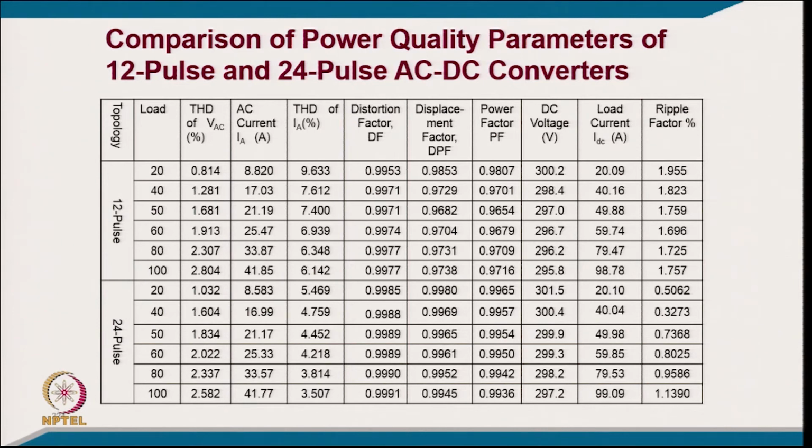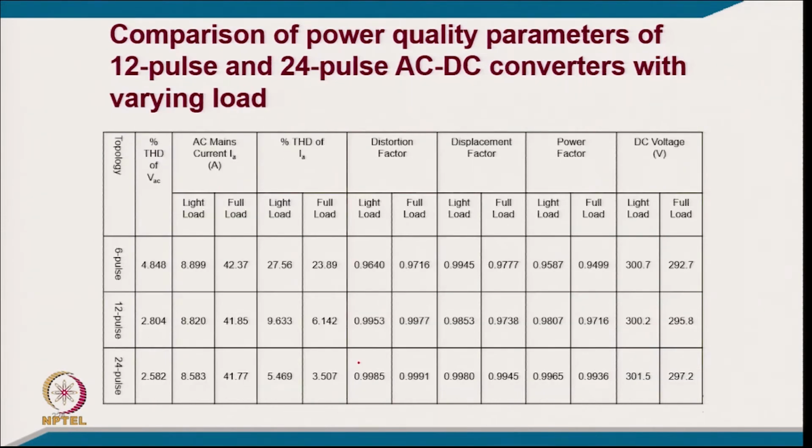And this is typically for 12 pulse how the THD changes with the load, from 9.6% to 5.4%, and for 24 pulse from 5.46% to 3.5%. And then if you compare all three at full load, the THD reduces from 12% to 6.1%, and then further reduces to typically the order of 3.5%.